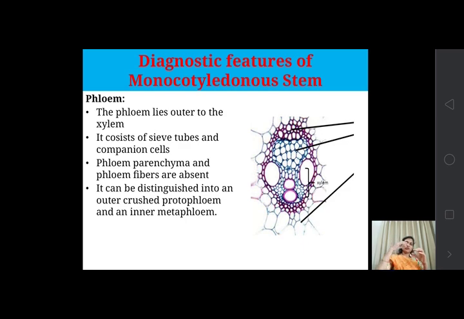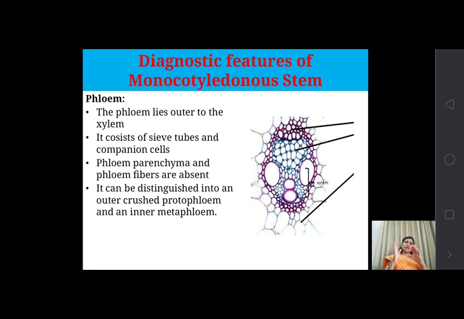When you see the stem of the maize plant externally, it shows somewhat depressed structures on the stem, due to the presence of the lateral branches. These are the scars of the lateral branches, because the lateral branches arise from that area, so a somewhat depressed region is present on that part of the stem.